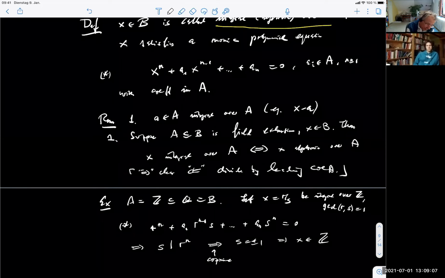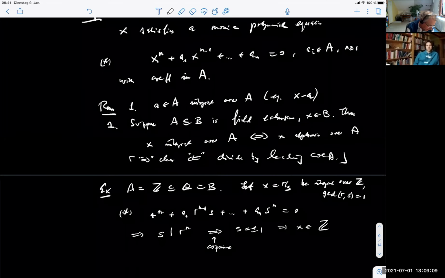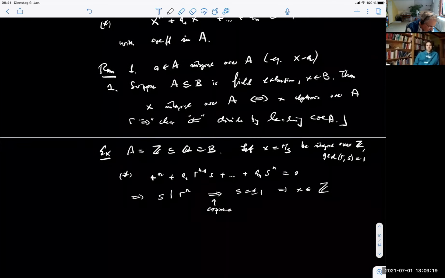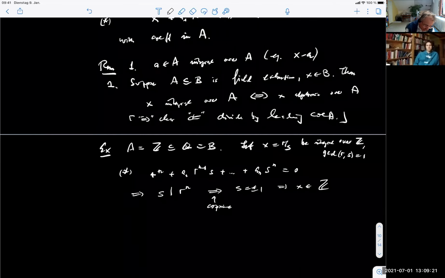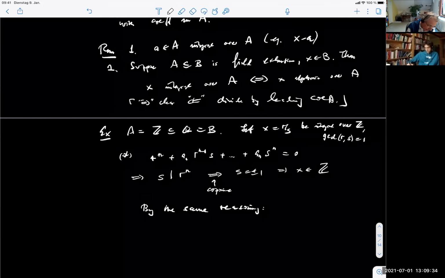What I have shown is, okay, let me summarize what I have shown. And actually, if you look at the proof, it works in more generality. So by the same reasoning, A is a factorial ring.